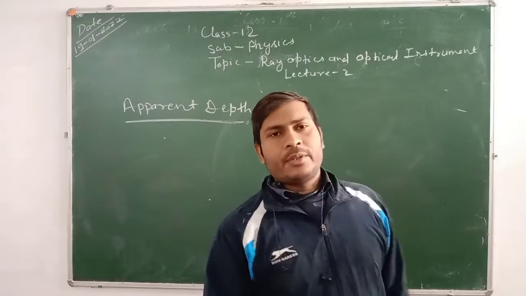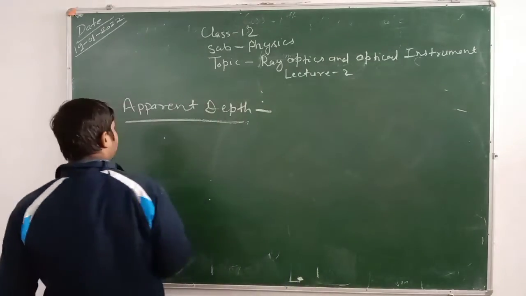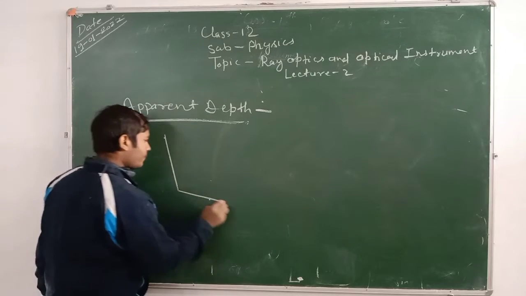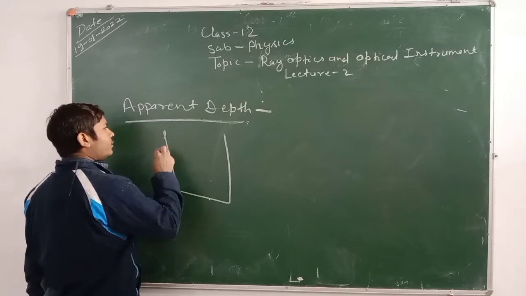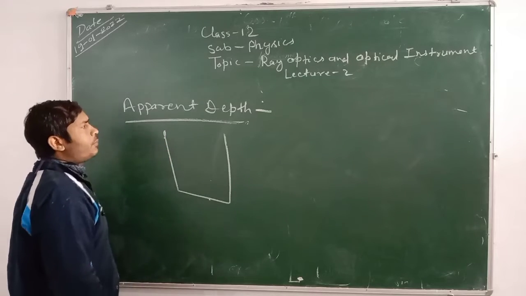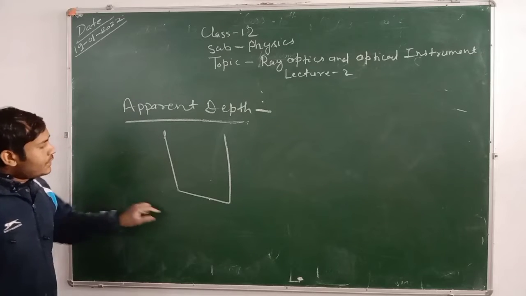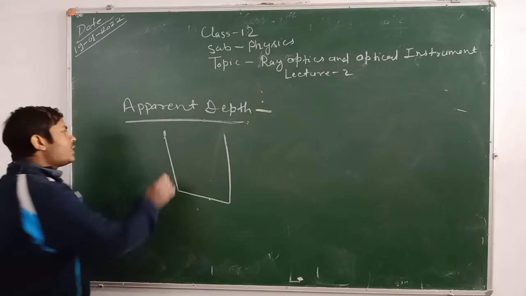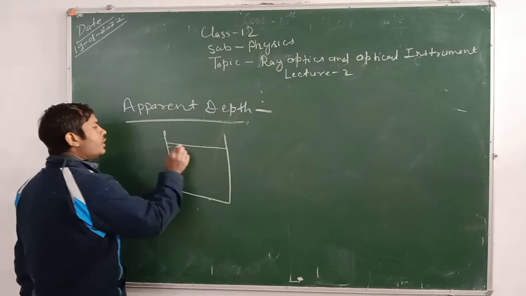What is apparent depth? Look here. Now we have to see the apparent depth. Let us suppose it is a bucket in which the water is filled up to this side.